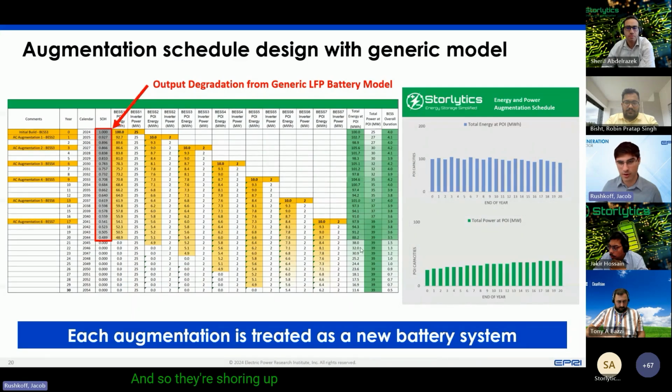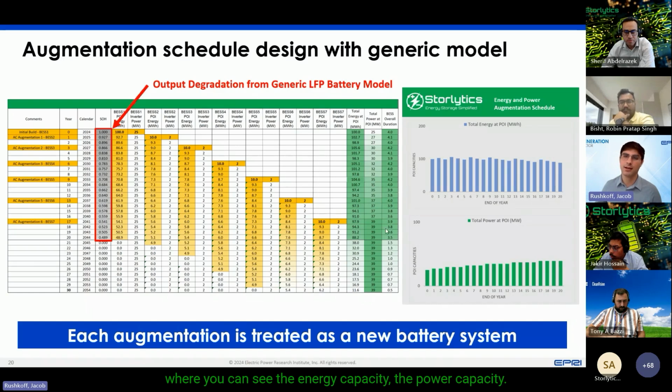They're shoring up that energy capacity roughly up until the end here, where it's reaching 88.2 megawatt hours. Everything is aggregated on the right side, where you can see the energy capacity, the power capacity, and some nice graphs to see how that's progressing over the project life.